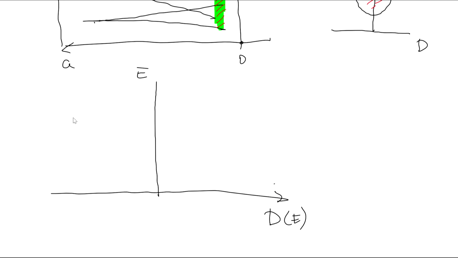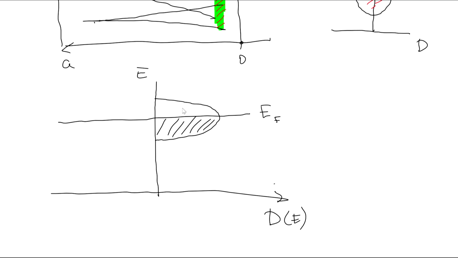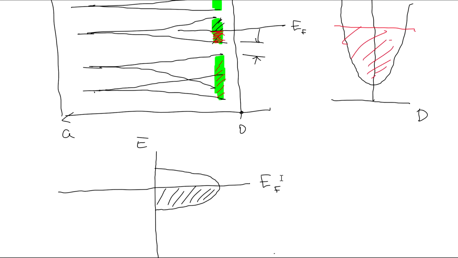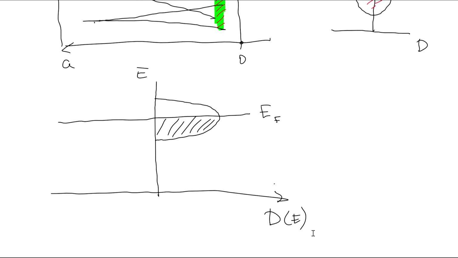Now, if this is the Fermi level, EF, and you have a band, let's say like that, then you fill the lower part of that band with electrons, and this part of the band has no electrons. So this is our band, but now we plot this not as a function of interatomic distance, but as a function of density of states. It means that there are electrons there.